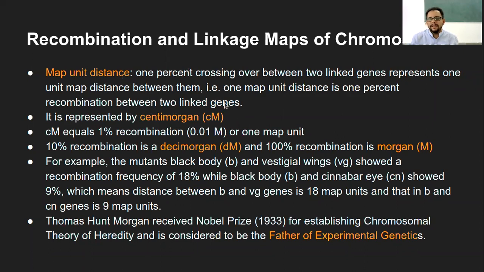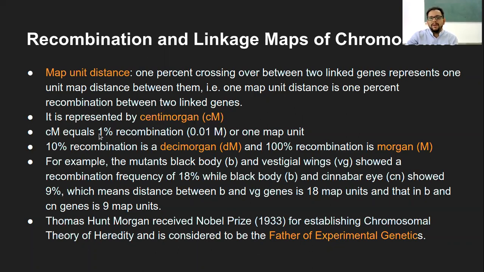So that is the chance of how much these two linked genes are undergoing a recombination or crossing over process, and it is represented by centimorgan. I hope you are able to understand this terminology. What is the map unit distance, and the unit that is being used is centimorgan.